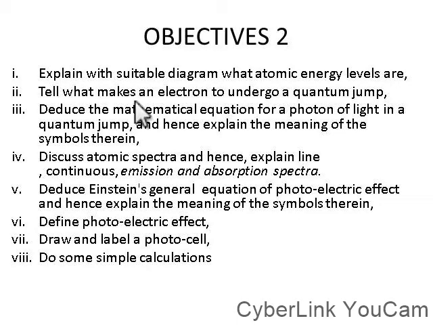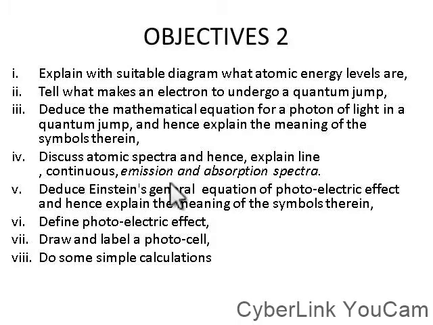By the end of this lesson, you are supposed to explain with suitable diagrams what atomic energy levels are. Tell what makes an electron undergo a quantum jump. Deduce the mathematical equation for a photon of light in a quantum jump and hence explain the meaning of the symbols therein. Discuss atomic spectra and hence explain line, continuous emission and absorption spectra.